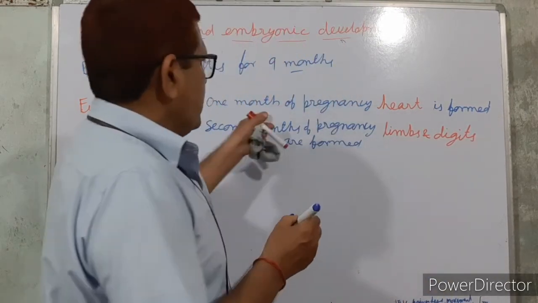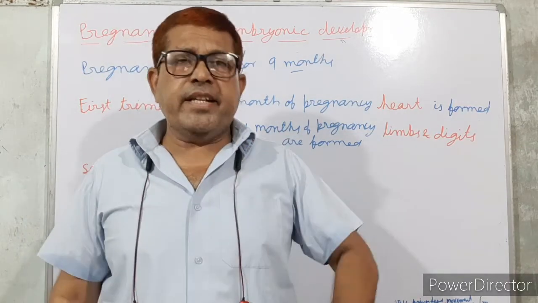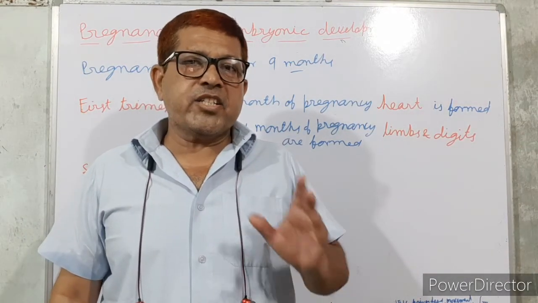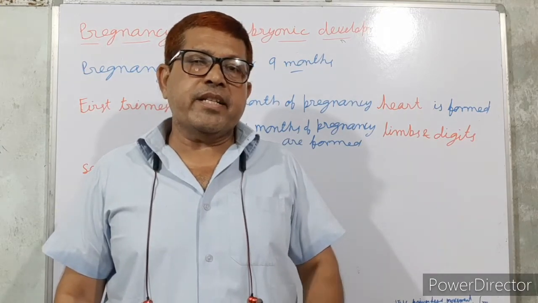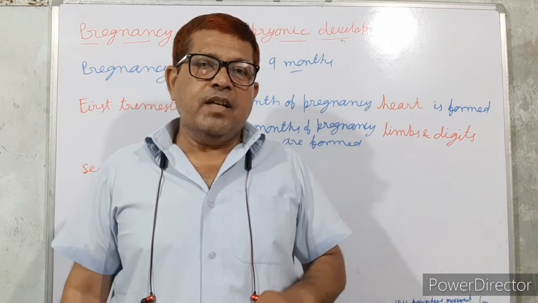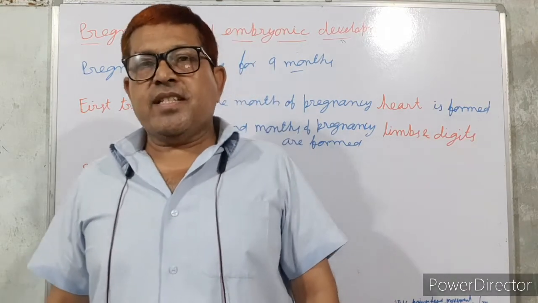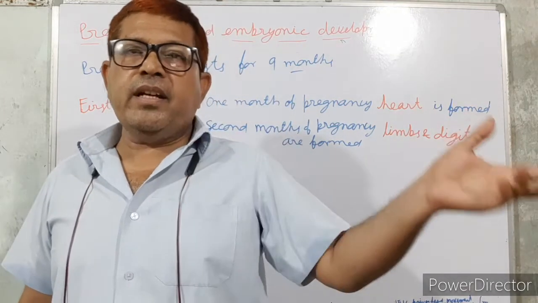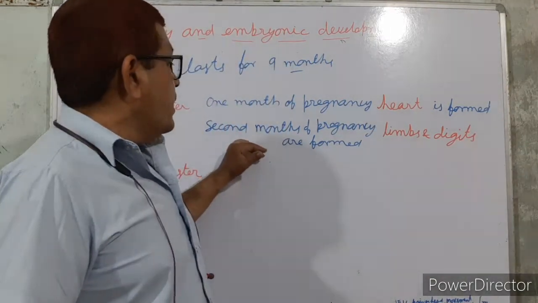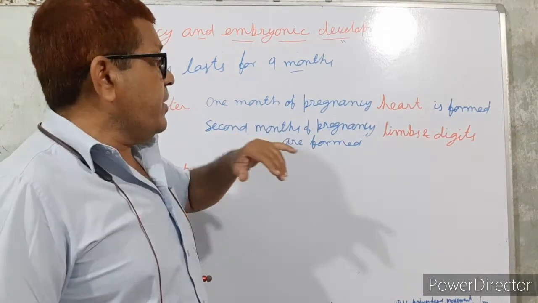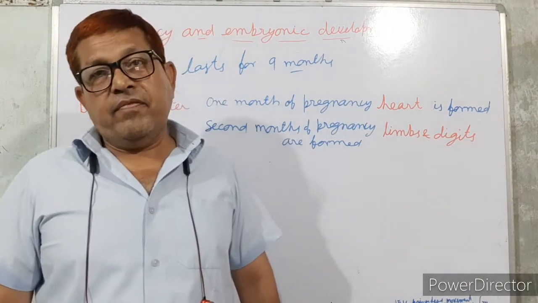So after 1 month of pregnancy, the heart is formed, and a doctor can listen to the heart sound of the baby with a stethoscope. At that time 2 heart sounds may be heard: one is the heart sound of the mother and the other of the fetus. And at the end of the second month of pregnancy, limbs and digits are formed.